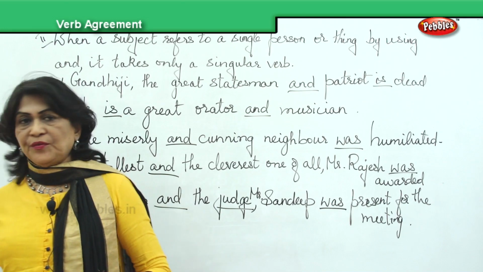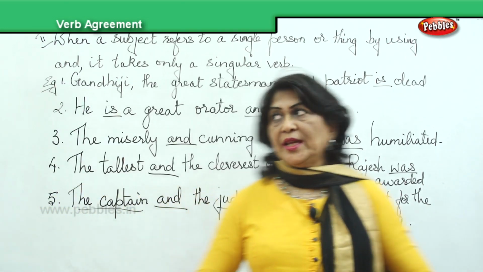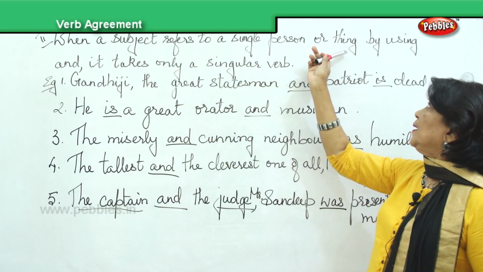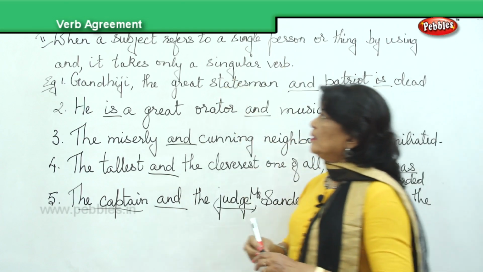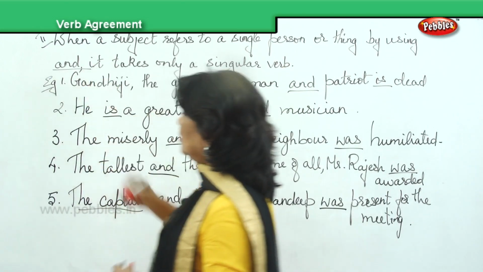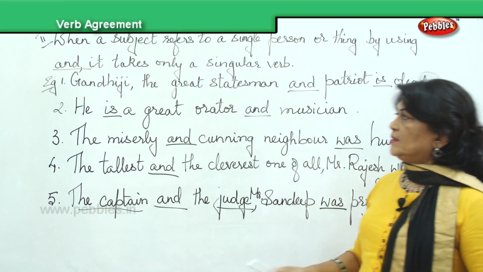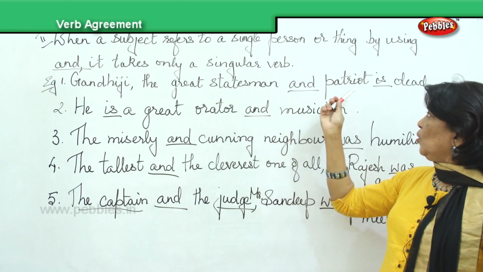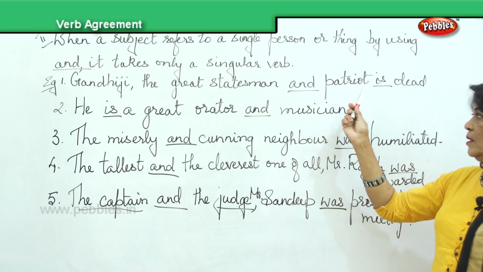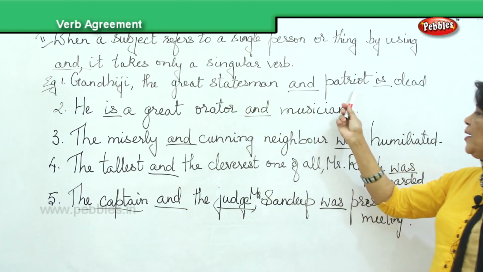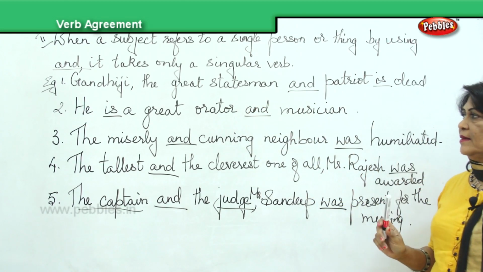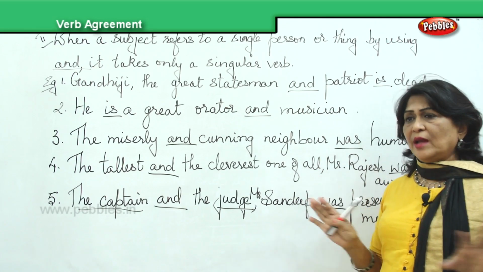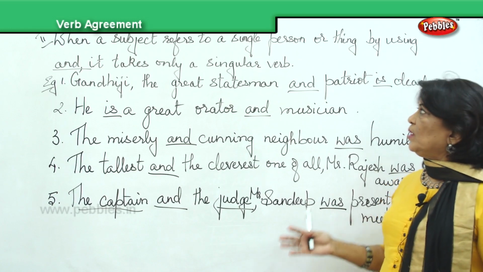Okay, so I've given you 5 sentences. Let's have a recap. When a subject refers to a single person or thing by using "and", it takes only a singular verb. For example, Gandhiji, the great statesman and patriot, is dead. We usually don't say "was dead." "Is dead" means even now he is dead. He cannot be alive today.